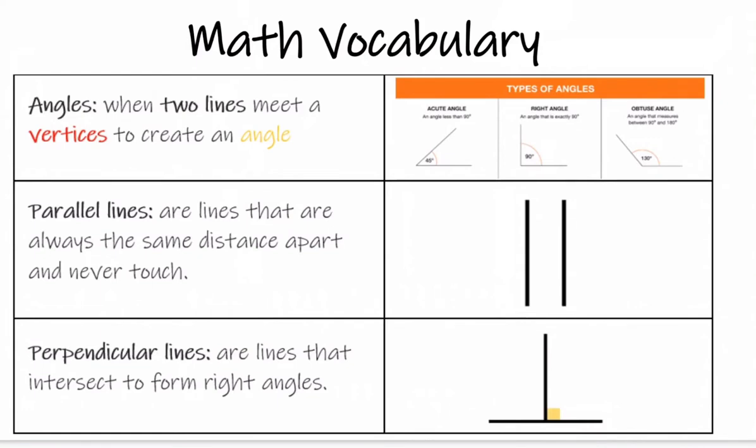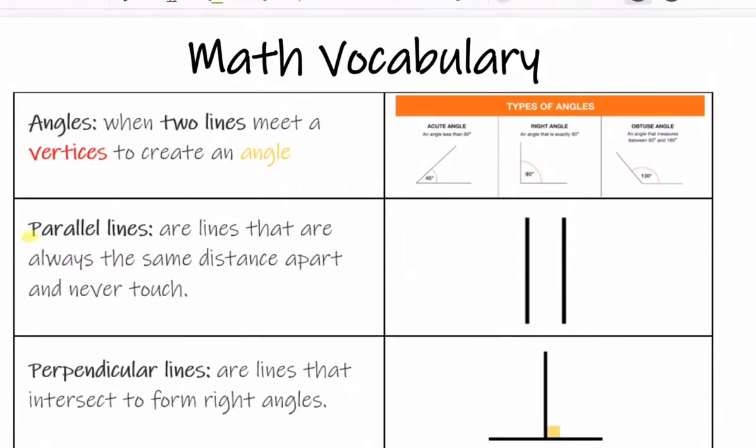So today it's really important that you understand these new vocabulary, parallel lines and perpendicular lines. Parallel lines are lines that are never touching, and they're the same distance apart. And so we're going to be looking at shapes that basically have parallel lines at opposite ends of each other.